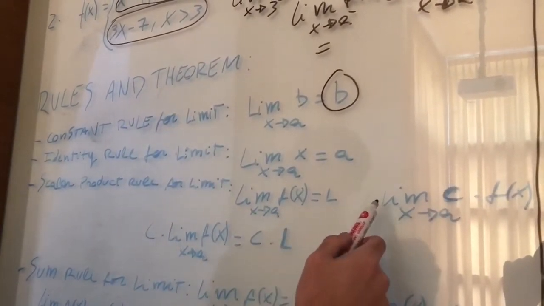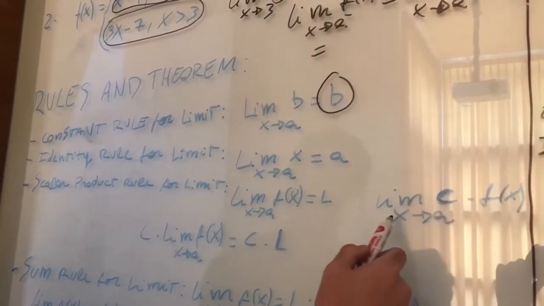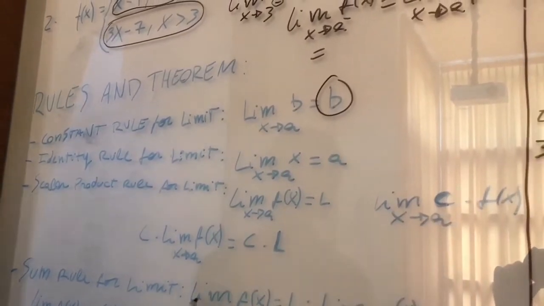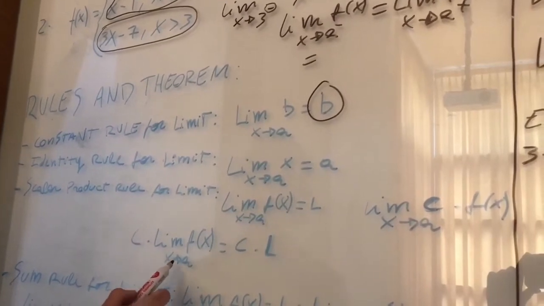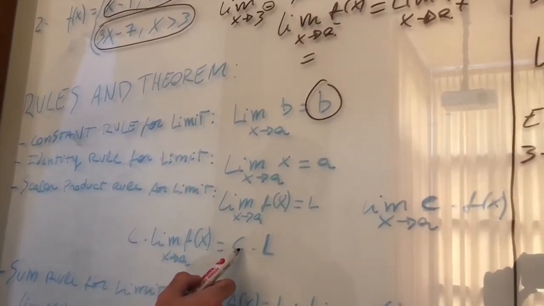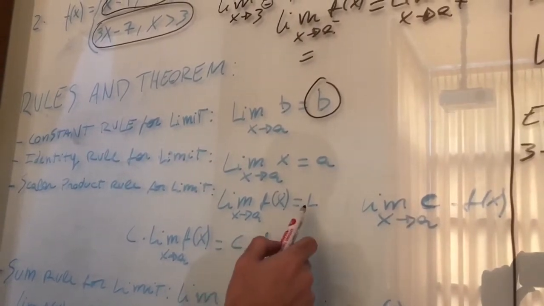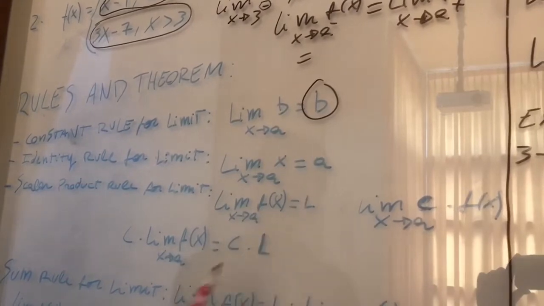When we have the limit of c times f(x) as x approaches a, we can write it as c times the limit of f(x) as x approaches a, which equals c times L, because L is the limit of f(x) as x approaches a.